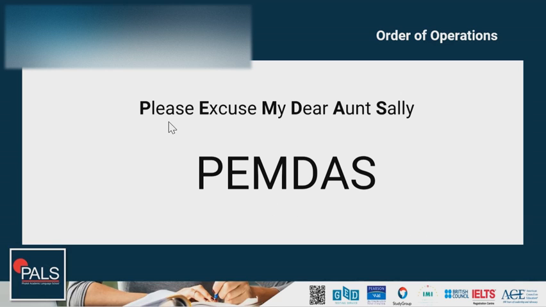P stands for please, E stands for excuse, M stands for my, D stands for dear, A for aunt, and S for Sally. Having a common expression that stands for the order of operations helps us easily remember the order. So you can actually copy this expression if you like: please excuse my dear Aunt Sally.